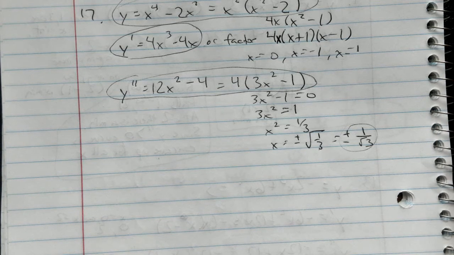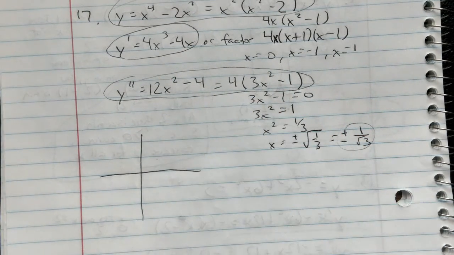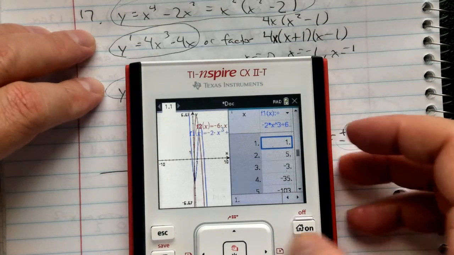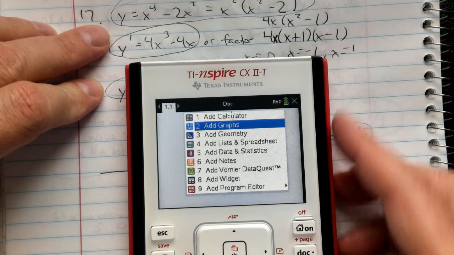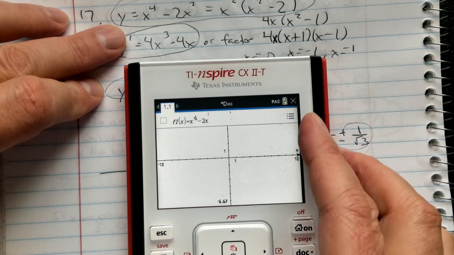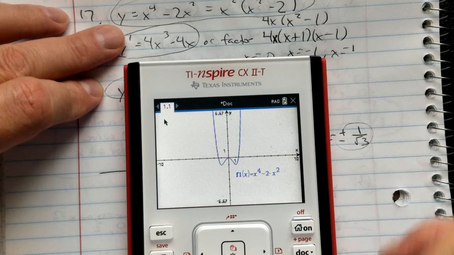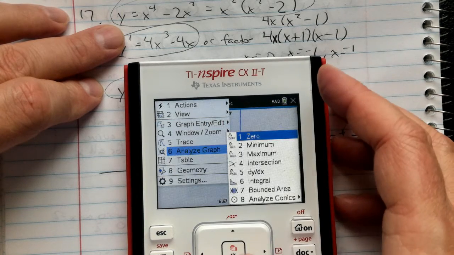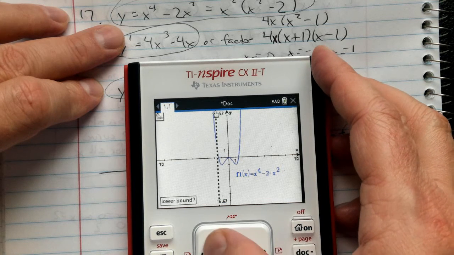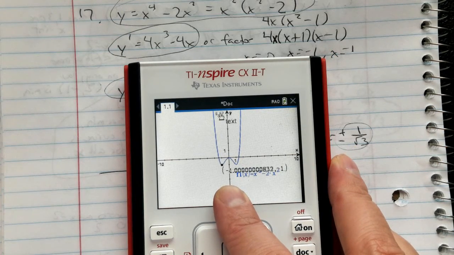So our next step would be to graph it. X to the fourth power minus 2x squared. There's the graph. Let's analyze, get the minimum from here to here. We got -1 as a minimum.